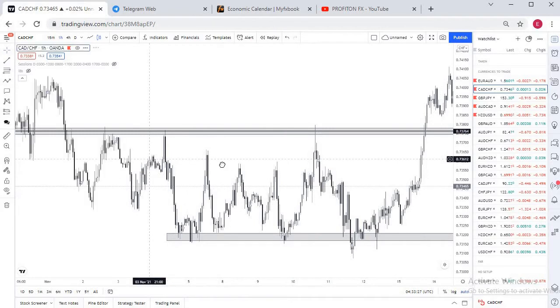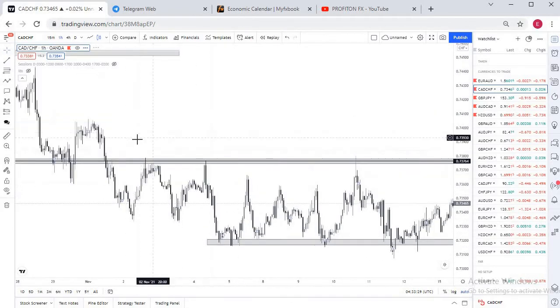mainly because based on previous data here, we've seen that almost each and every time price has come to this level, we've seen a very impulsive bearish reaction to that level. We saw one here, we saw another one here, we saw price rejecting this level very heavily.